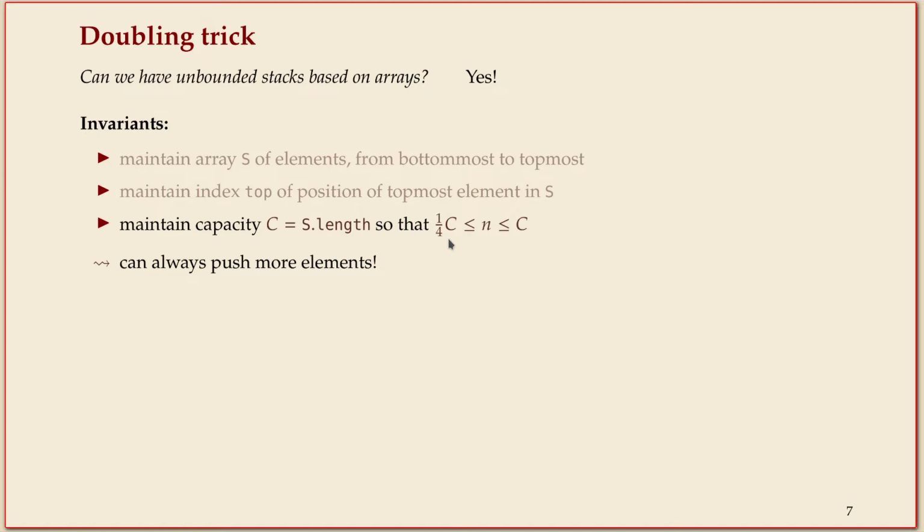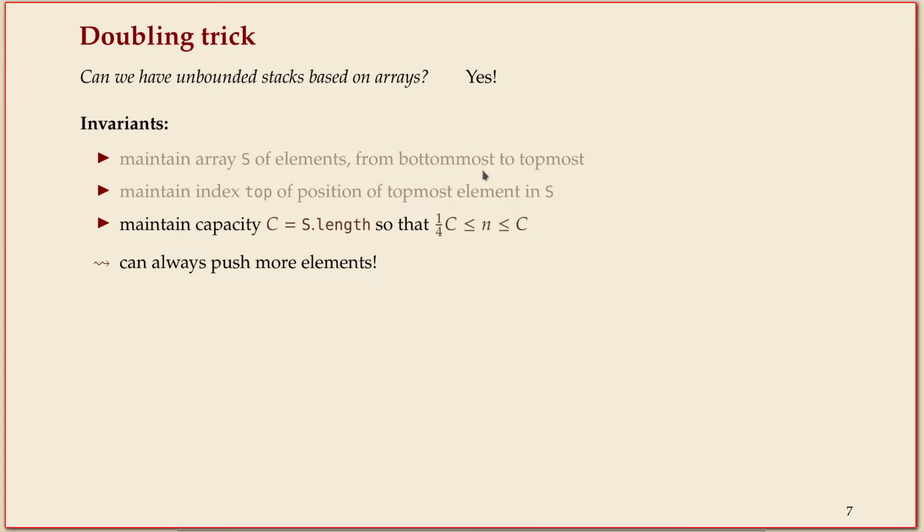In other words, the number of elements currently stored in the stack is between a quarter of the capacity and the full capacity. If we can maintain that, we can always add more elements because we always have a capacity a bit left, maybe after re-establishing the invariant.